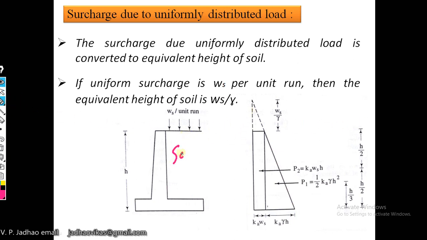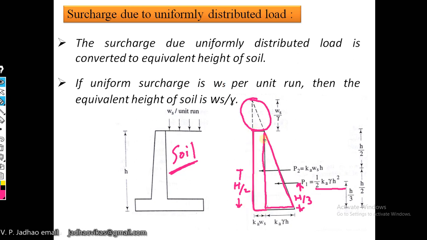Now due to this soil mass, the lateral pressure exerted will be acting at a height of h by 3, and the magnitude is half Ka gamma h square, whereas the force due to this surcharge will be acting at a height of h by 2, because this particular portion is a rectangular portion.